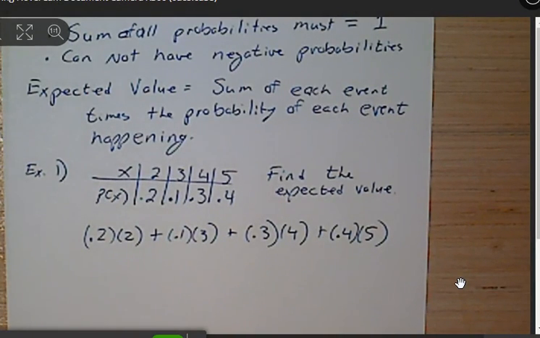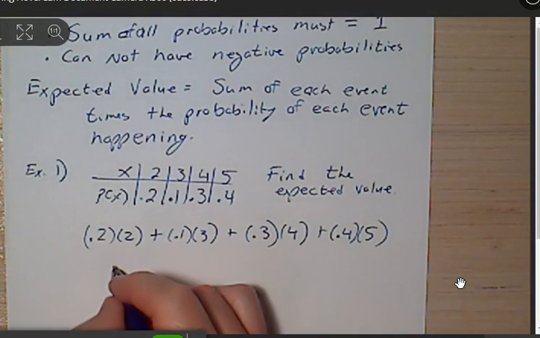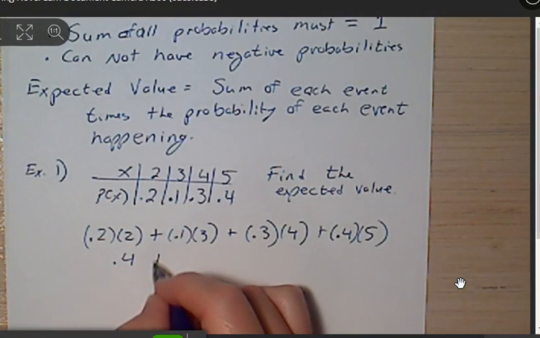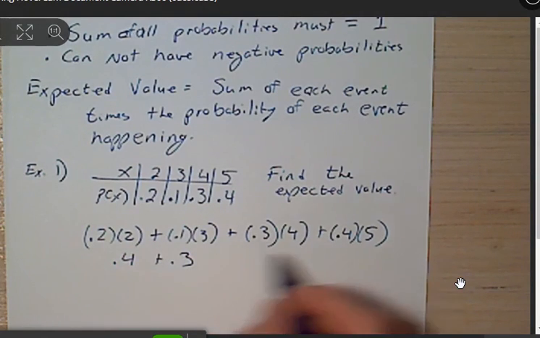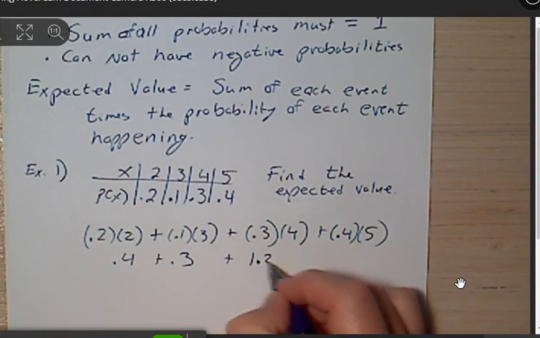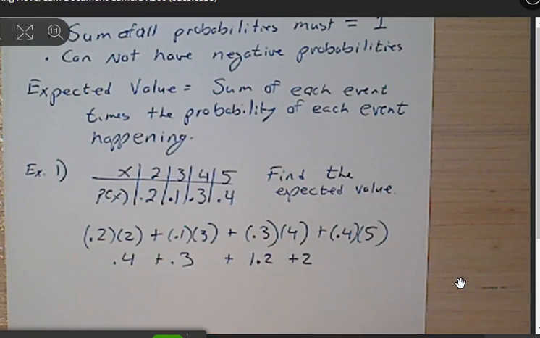I forgot to write this one down, so let's see. Running through those numbers real quick, it should come out to be 3.9, because this would be 0.4, 0.3, 1.2, and 2.